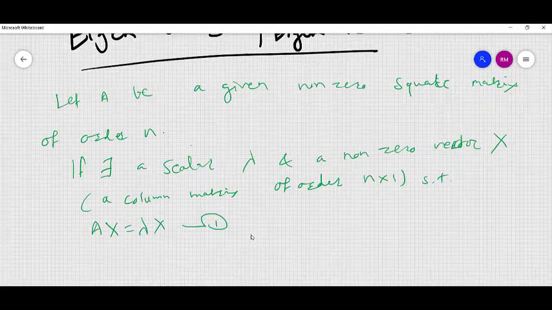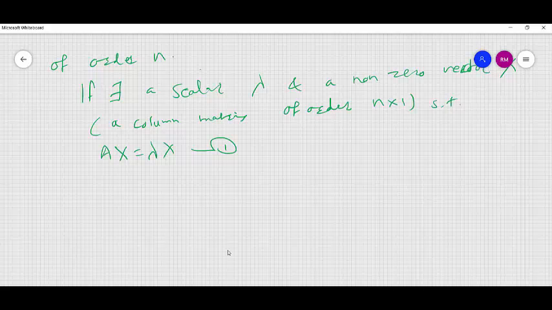So here we are going to take the definition. A is a non-zero square matrix, x is a non-zero column vector, or we can say a non-zero column matrix of order n by 1.